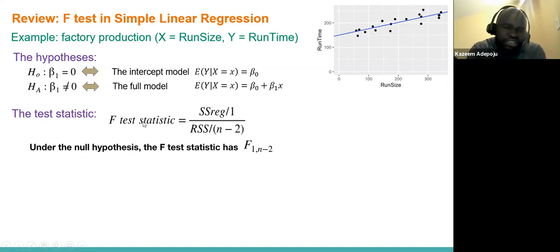The probability distribution of the test statistic right now under the null hypothesis is going to be an F distribution, because I'm using an F test statistic.